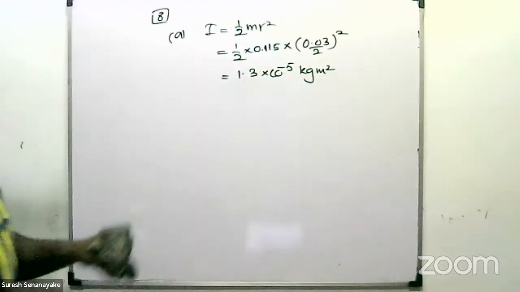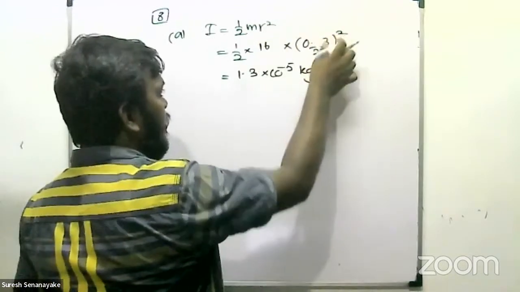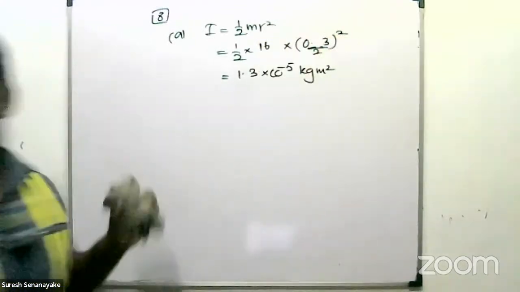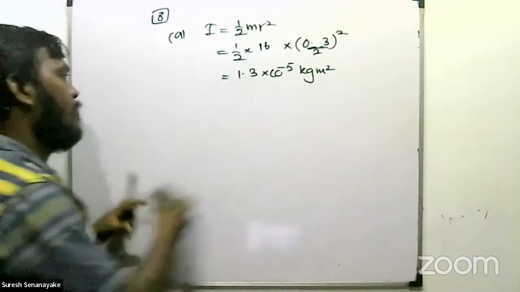Okay. Your mass is 16 and this is 0.3. Then you can simplify and get the value.